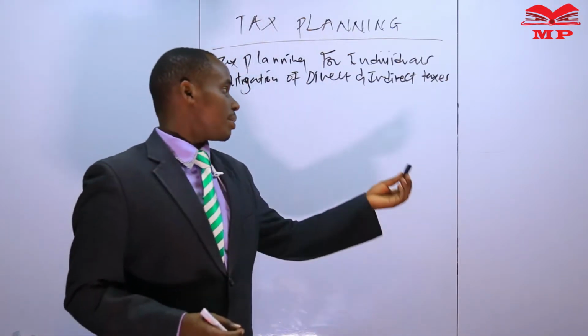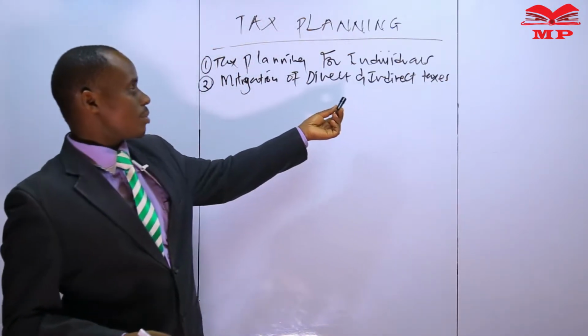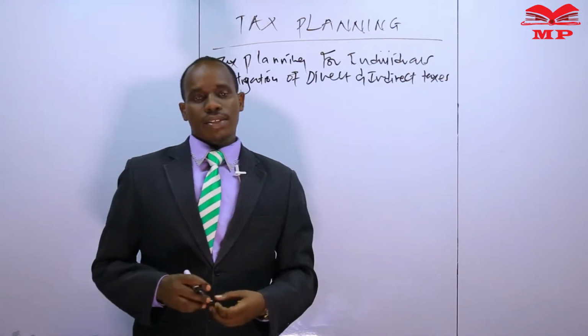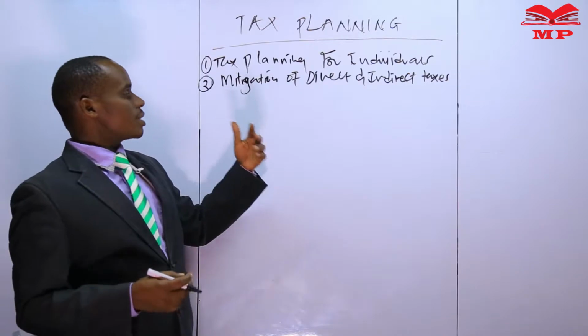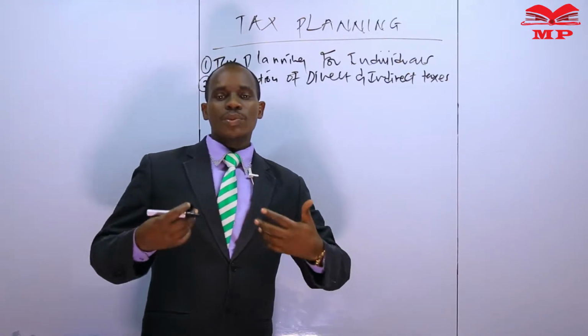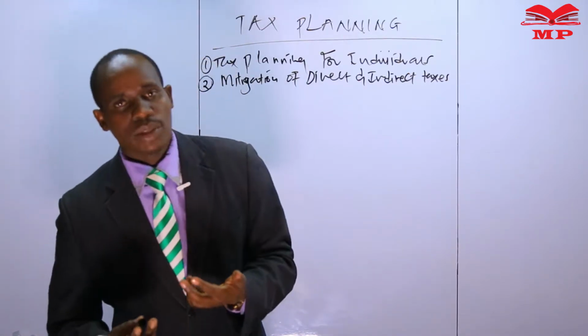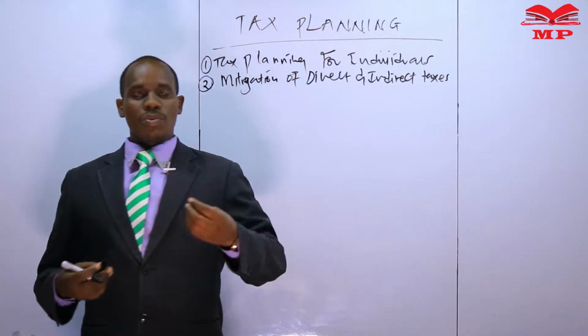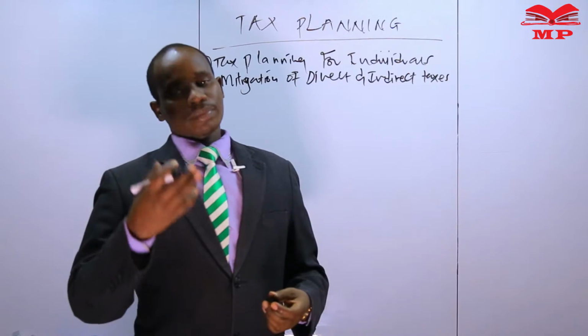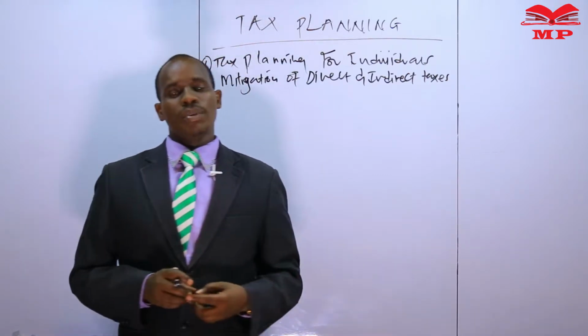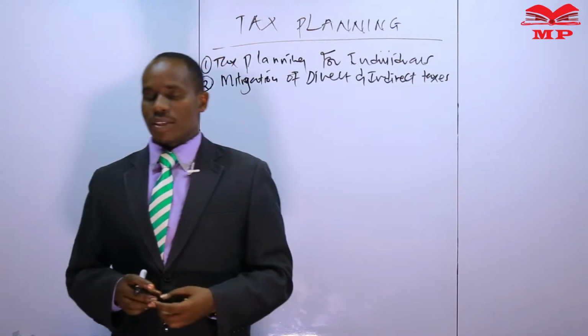So VAT is a good example of indirect taxes. Because we are covering tax planning, we need to see how we can reduce the effect of these taxes and how we can do it in a way that we are not engaging ourselves in tax evasion.